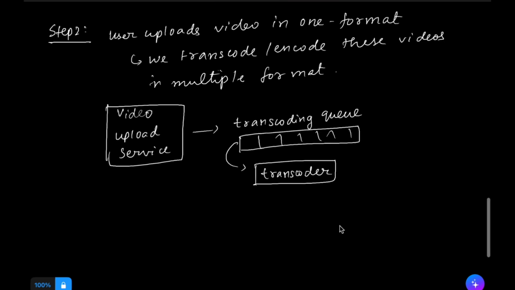So what does a transcoder do? It converts or encodes video to multiple formats or resolutions, like 144p, 480p, 720p, 1080p, etc.